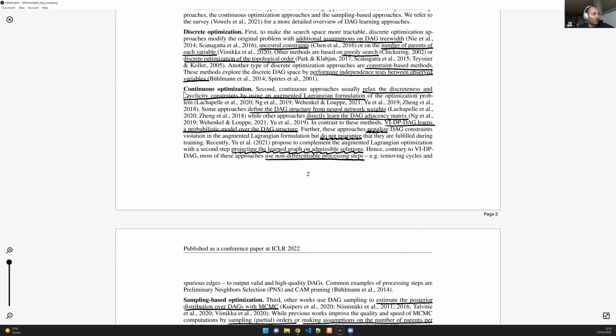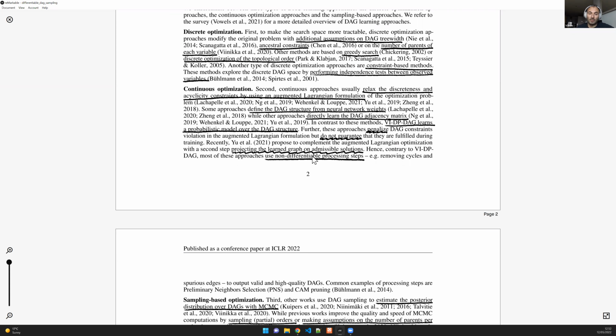The other approach is continuous optimization. So this is basically taking the discrete version and then creating continuous relaxations from it. That's similar to what we do here, except these continuous relaxations do not guarantee that during the training, at all times, the generated graph is actually a DAG, because the constraint becomes a soft constraint, right?